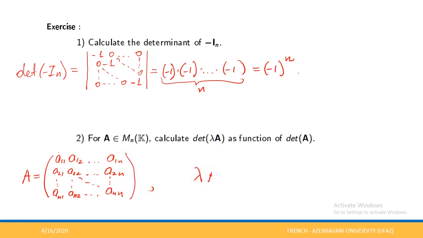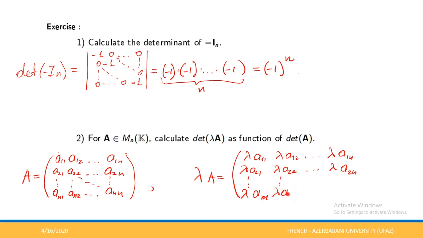Then lambda A will be this matrix: lambda a11, lambda a12, lambda a1n, lambda a21, lambda a22, lambda a2n, lambda an1, lambda an2, lambda ann.